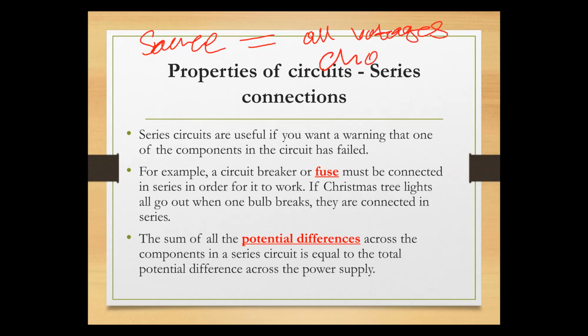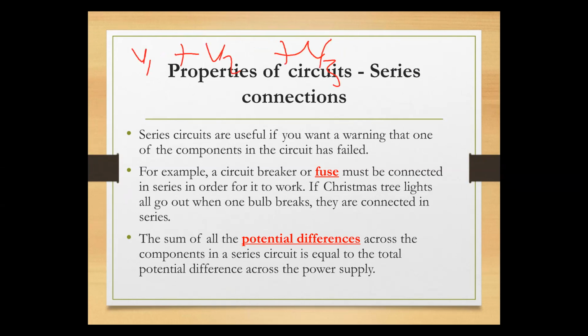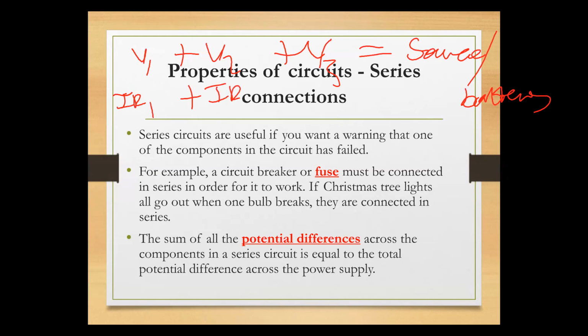In other words, in that circuit that we drew, V1 plus V2 plus V3 must be equal to the source of battery power, where here we had IR1 plus IR2 plus IR3.